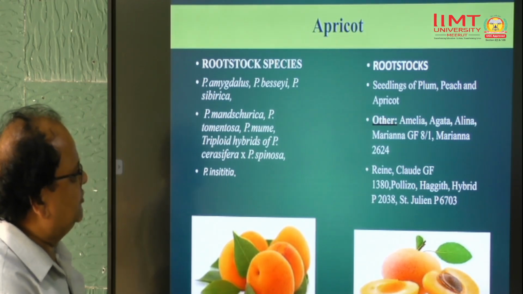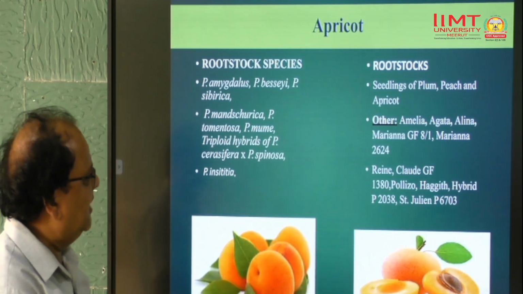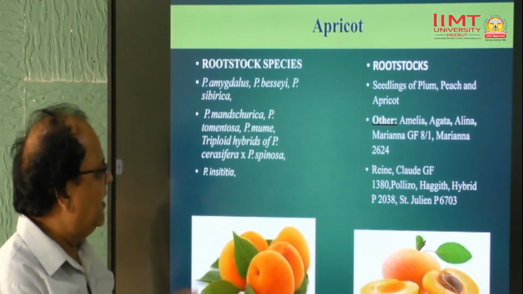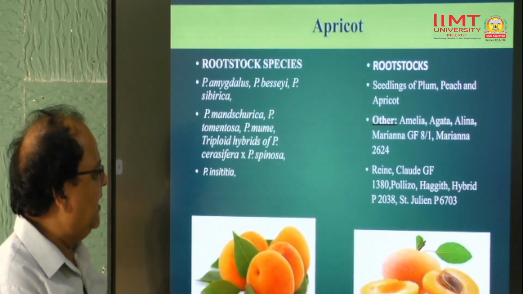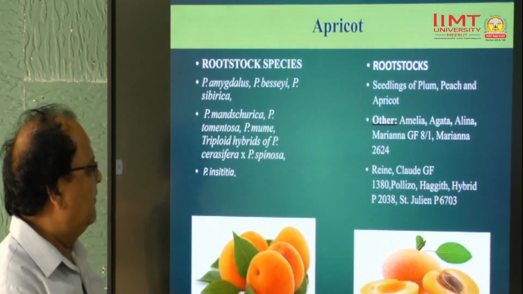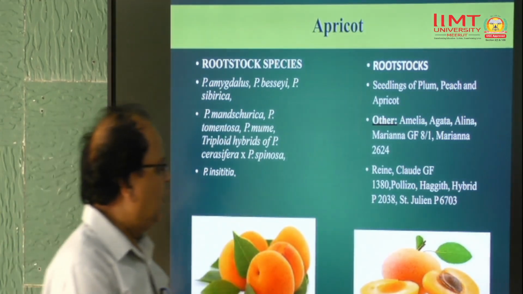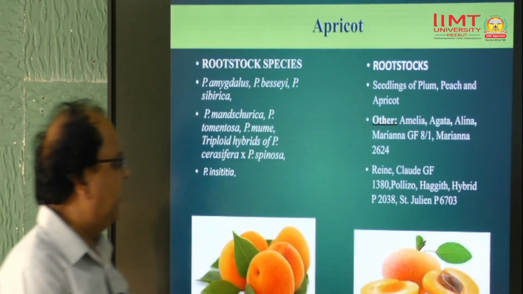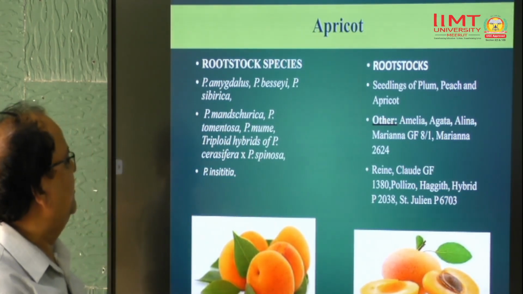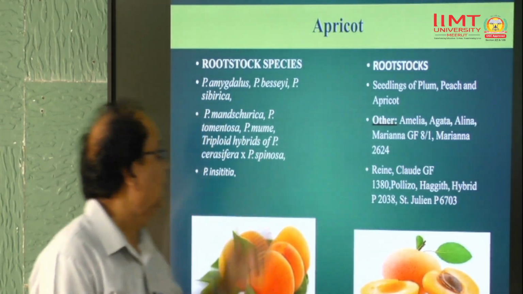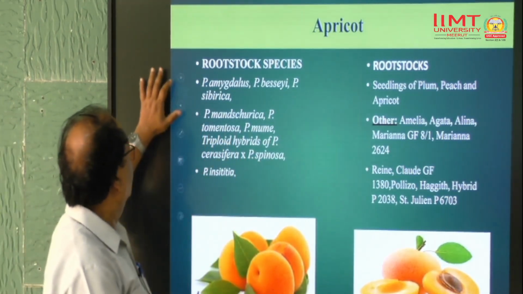Rootstock seedling stock of plum, peach and apricot. Others are Amelia, Agata, Alina, Mariana GF 8/1, Mariana 26/24, Rainy, Cloudy, GF 1380, Polizo, Hoggett, hybrid P2038, Saint Julien P6703, rootstocks used for the best production of pear, plum and apricot.